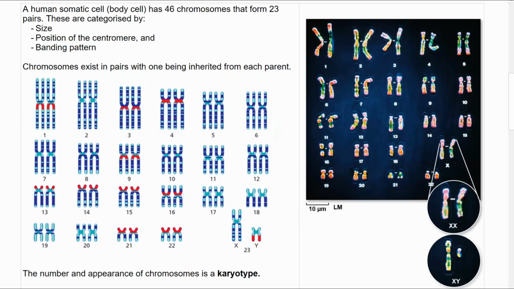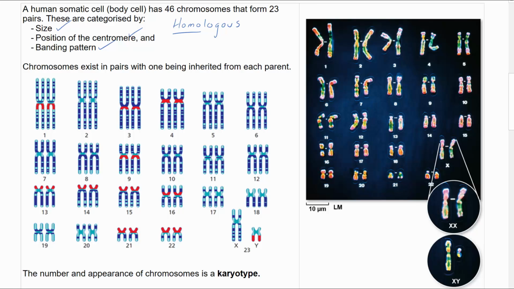The nucleus of a human somatic cell, which is a body cell, has 46 chromosomes that form 23 pairs. Now 22 of those pairs are referred to as homologous chromosomes. And homologous just means the same, because these 22 pairs of chromosomes, the individual pairs are the same size, the position of the centromere in each pair of chromosomes is in the same position, and they have the same banding pattern.